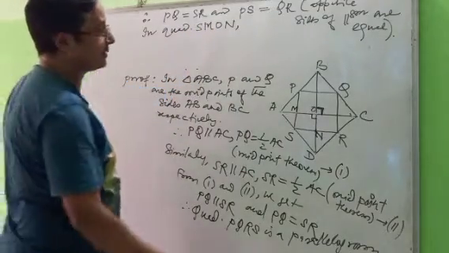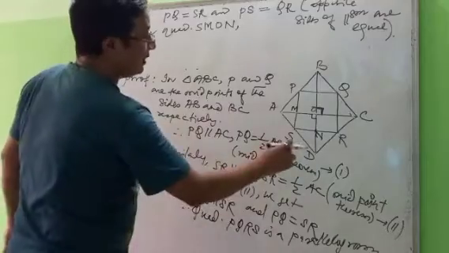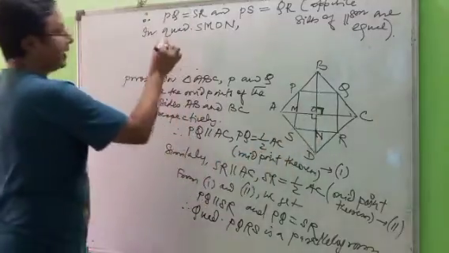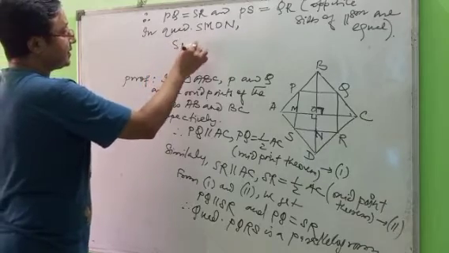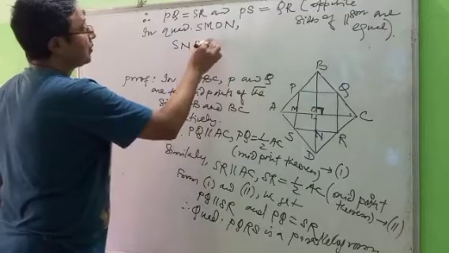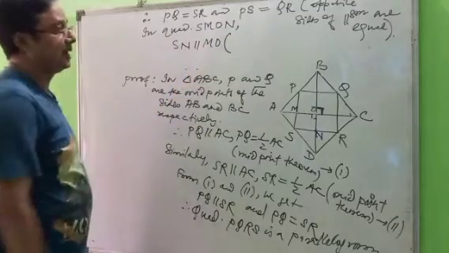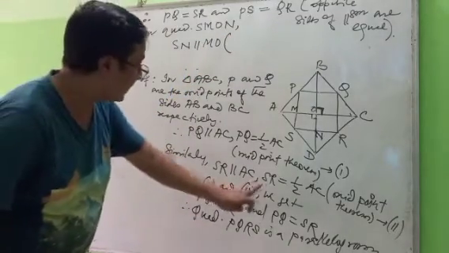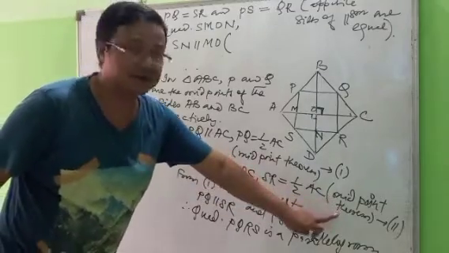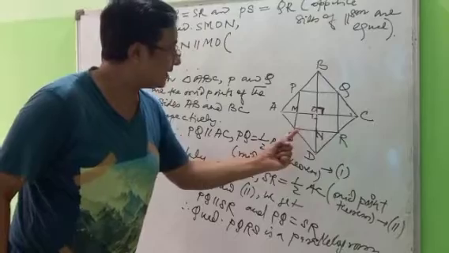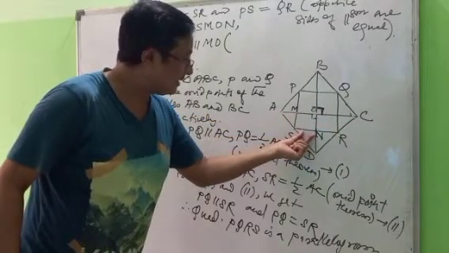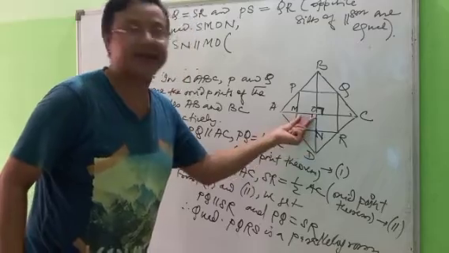So you have proved here that SN is parallel to MO. Why? Because you have proved that SR is parallel to AC through the midpoint theorem. So since SR is parallel to AC, that means SN is also parallel to MO.